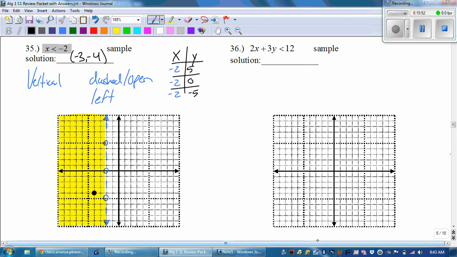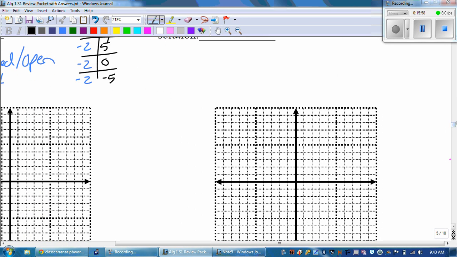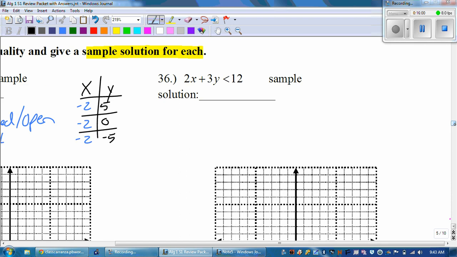All right, number 36. As I'm trying to look at it, the first thing that I notice is that it's not in slope-intercept form. Okay, so I'm going to rewrite it over here, and then we're going to solve for y.